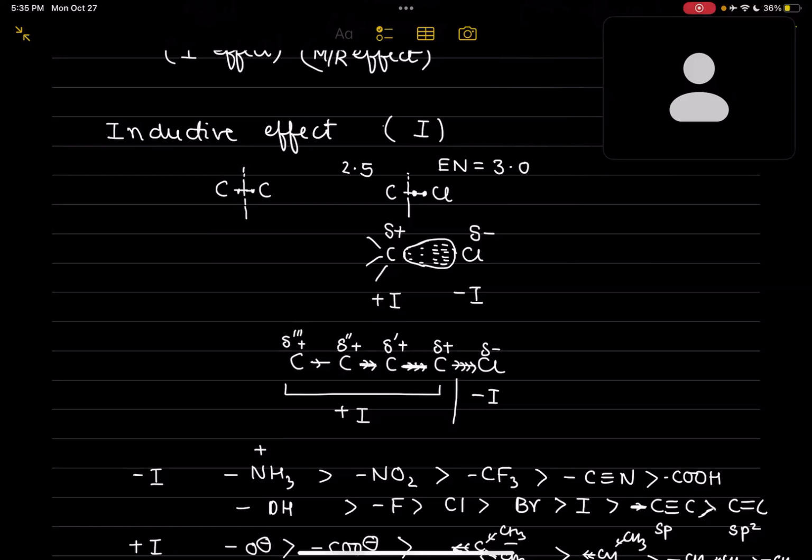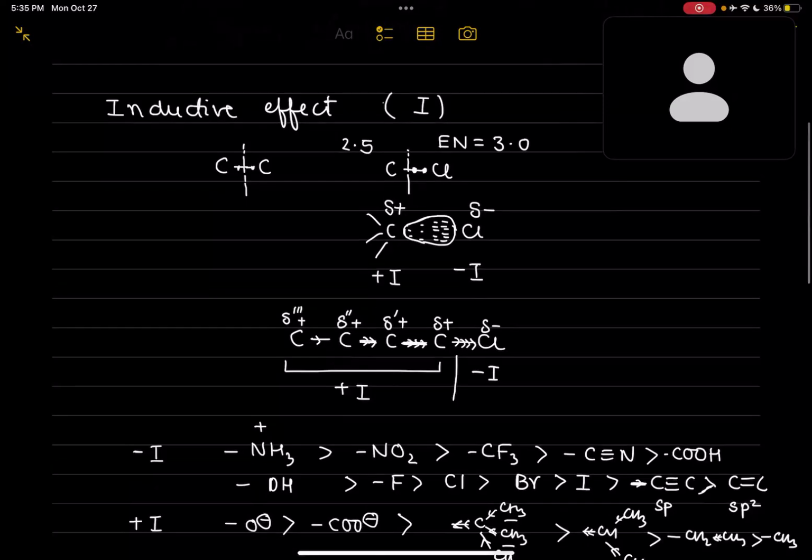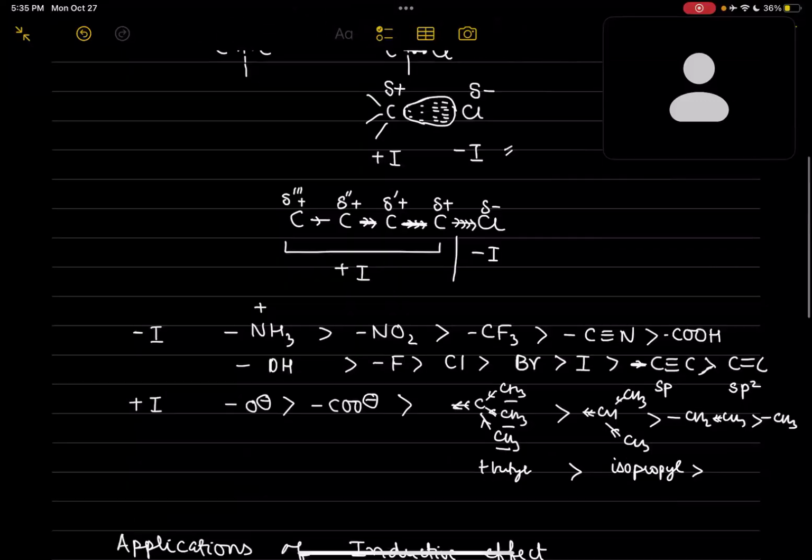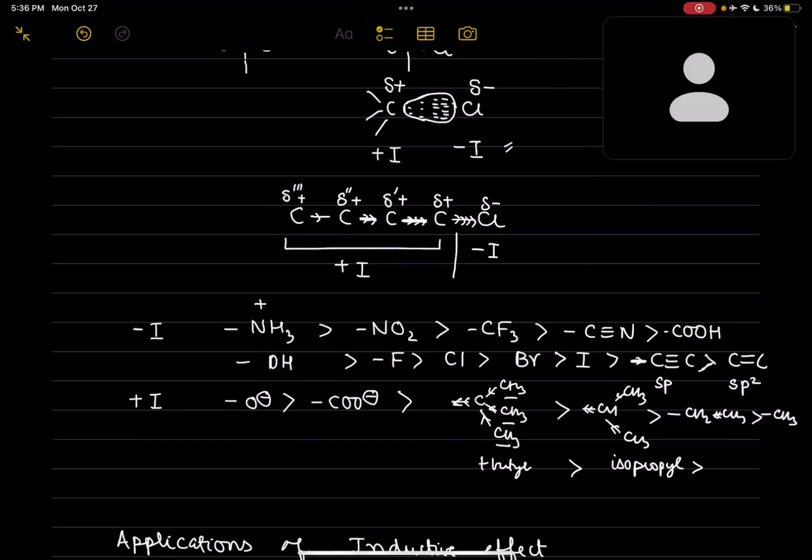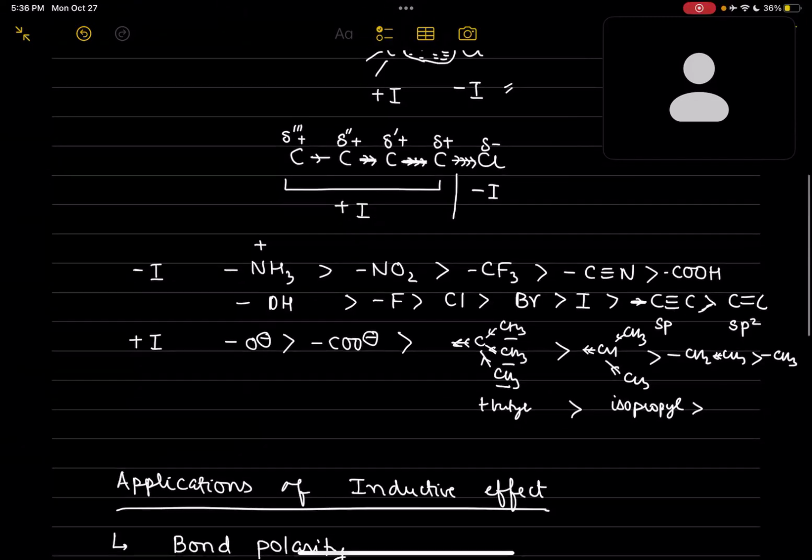So one who is giving electrons is plus, and one who is pulling, withdrawing, is minus. So the Cl is exerting minus I effect, as you can see here, and the alkyl group is exerting plus I effect. So basically you have plus I and minus I effect.